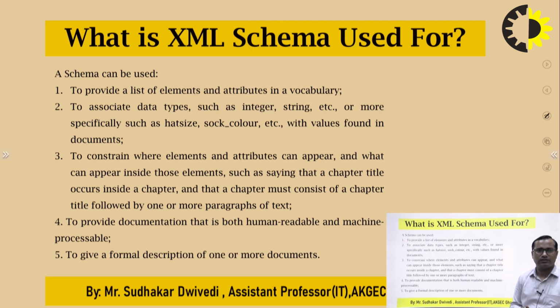For example, we can say the chapter title occurs inside the chapter, and that chapter must consist of a chapter title followed by one or more paragraphs of text. We can ensure what element should be contained inside another element and what the data type of each element should be. We can write all of this using the XML schema. If we want documentation that is both human readable and machine processable, we can use the XML schema definition.